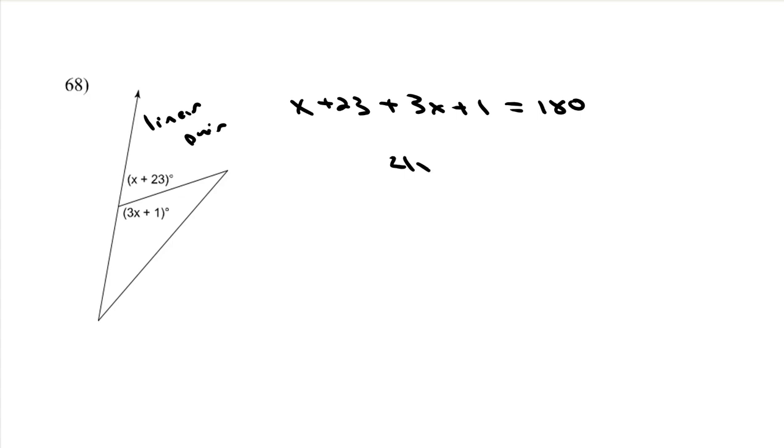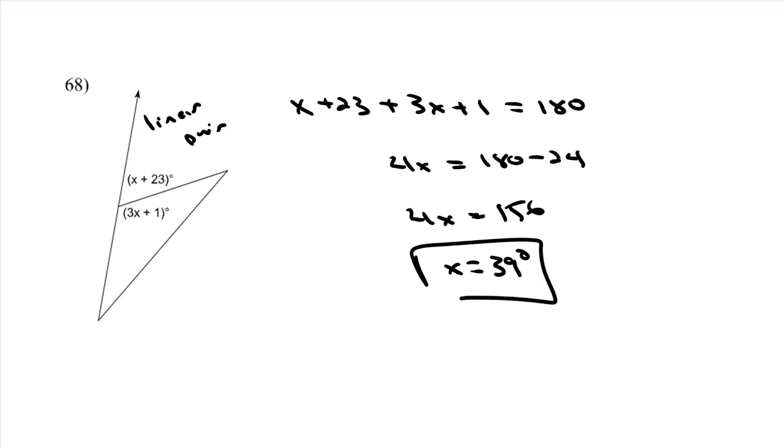So 4x is equal to 180 minus 24. So we just have to do some math here. 180 minus 24 gives 156. And if we divide 156 by 4, we get our answer of 39. So again, I think they were just looking for x, so we should be good with 68.